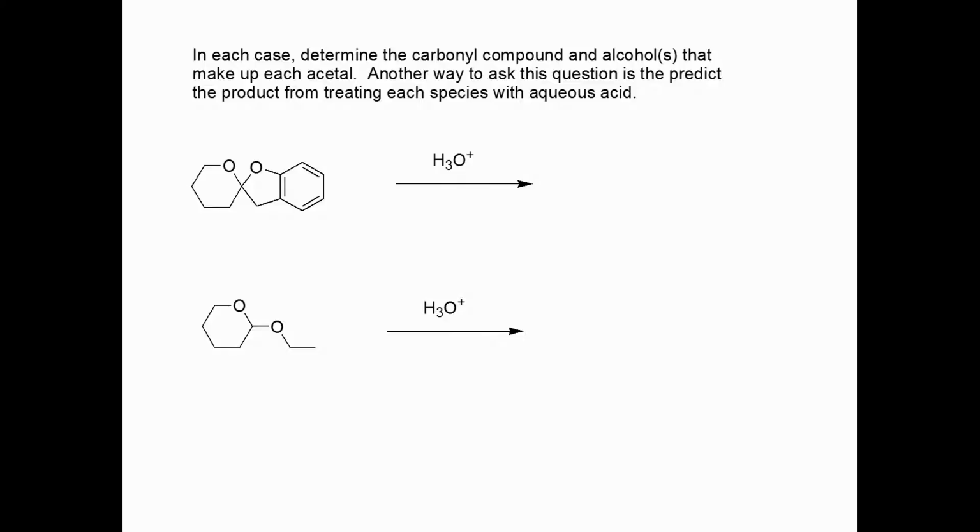So what we want to do here is identify the carbon that's going to be a C double bond O in the precursor compound. That carbon is quite easy to identify because it has two oxygens on it.